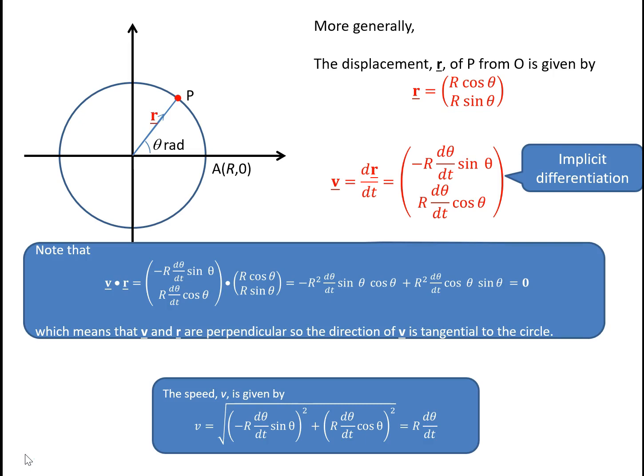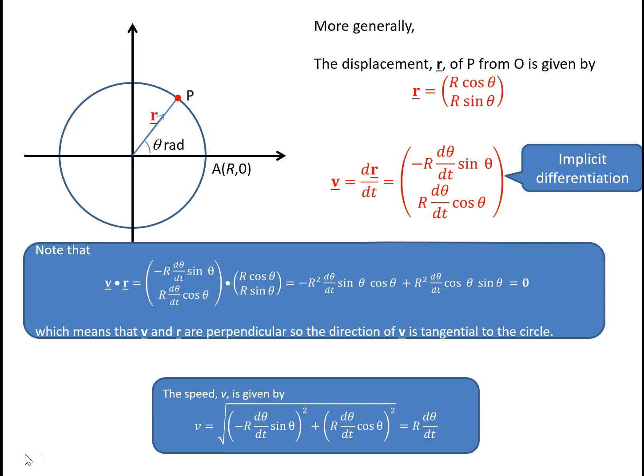We know sine squared theta plus cos squared theta is 1, so we've got simply the square root of r squared (d theta by dt) squared times (sine squared theta plus cos squared theta), which is 1, so we've got the square root of r squared (d theta by dt) squared, which is simply r d theta by dt.